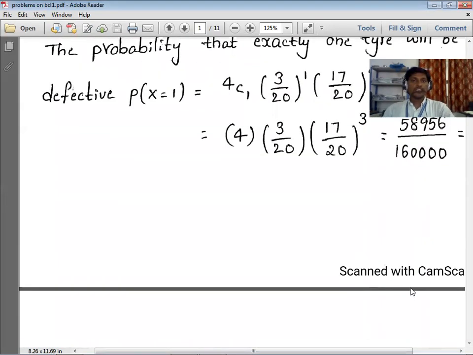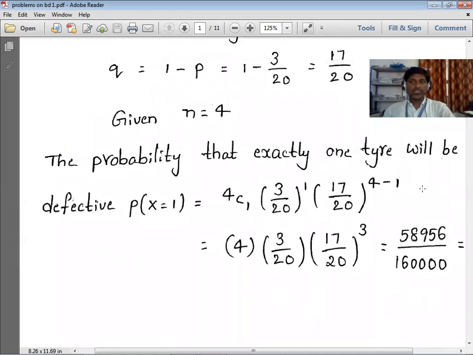The probability that exactly one tire will be defective. So exactly one tire defective is nothing but, here we are writing, P of x equal to 1 is equal to nCx. So which formula are we using here? nCx p power x q power n minus x.